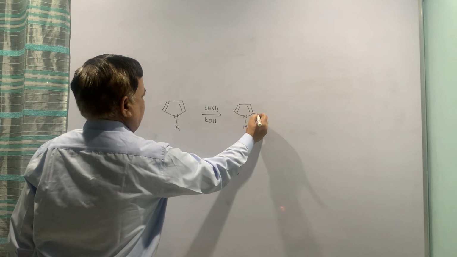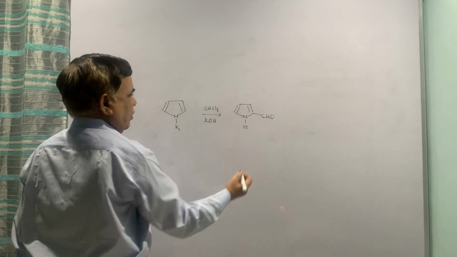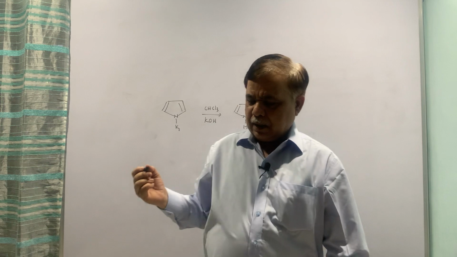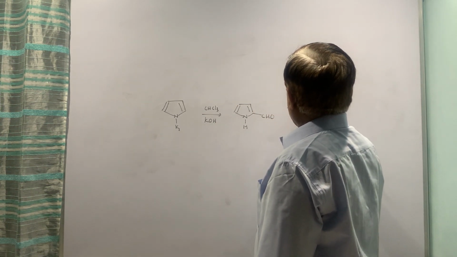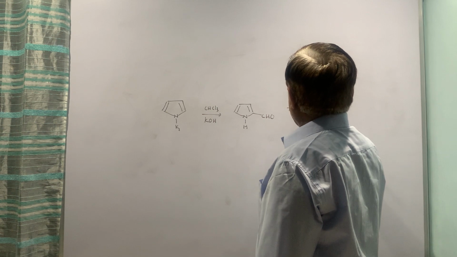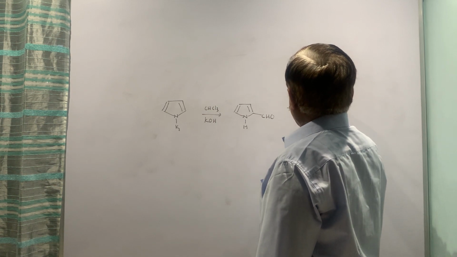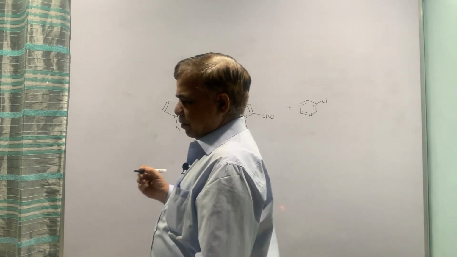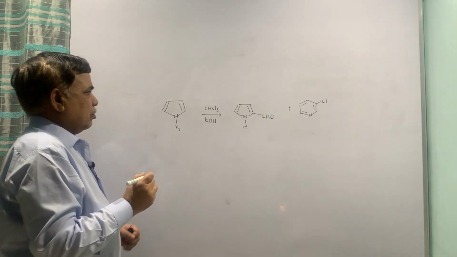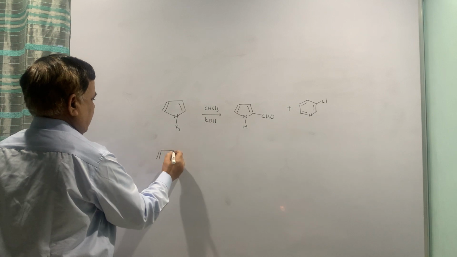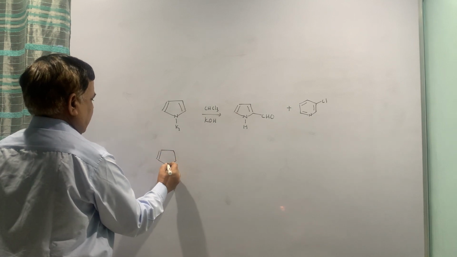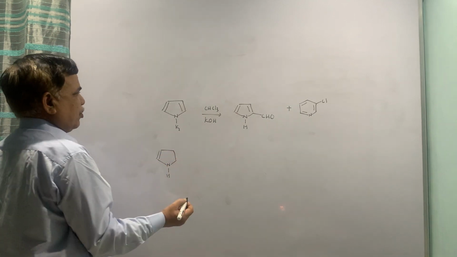One is of course this, after the workup, and the second product is 3-chloropyridine because of the carbene addition. So the first product is the ordinary product, so no need to explain that, that is your formylation reaction.